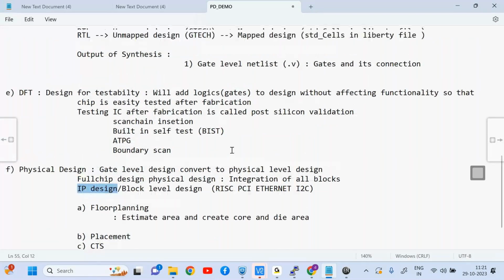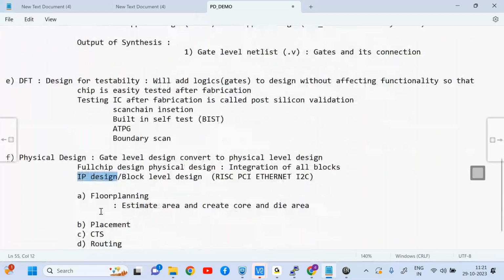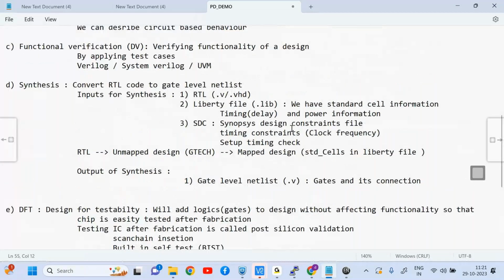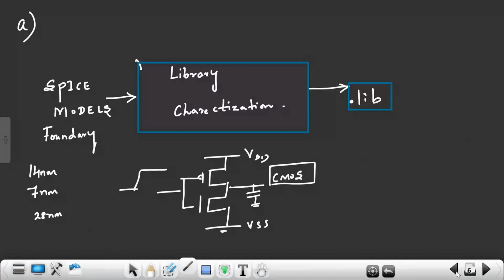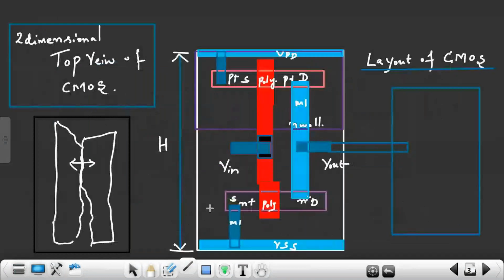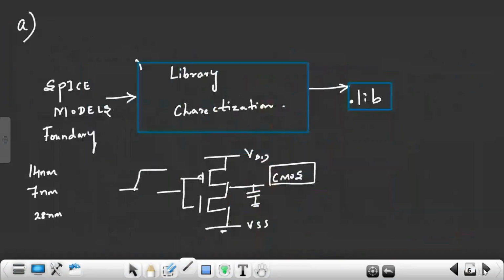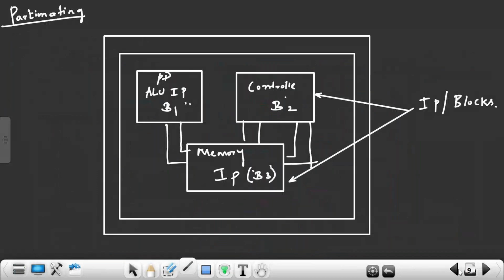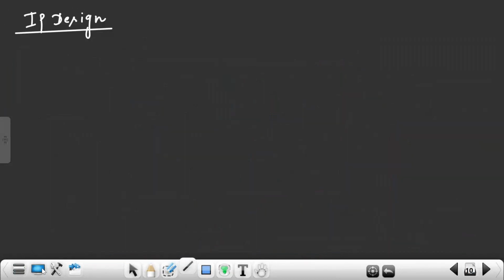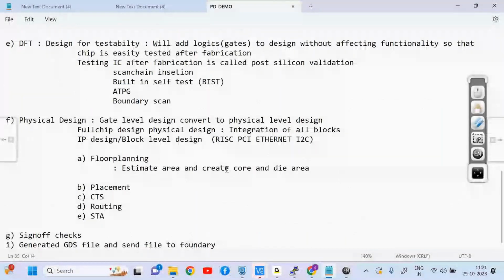For each and every cell in the netlist, the area information is also present in the Liberty file. We have timing, power, and even area information: how much layout area each and every cell will take. From that, I can calculate how much area is required for the entire design, and from that I can create the core area and die area.